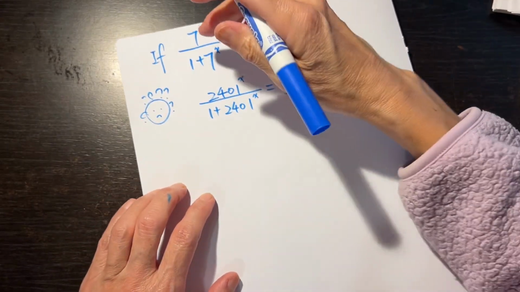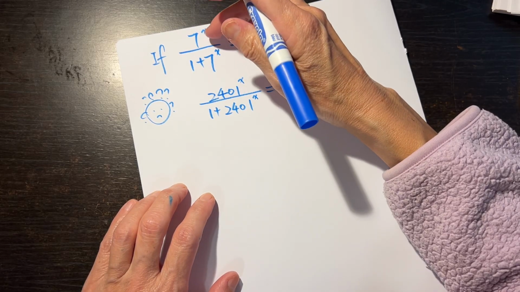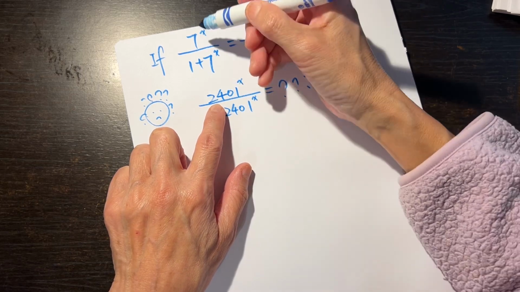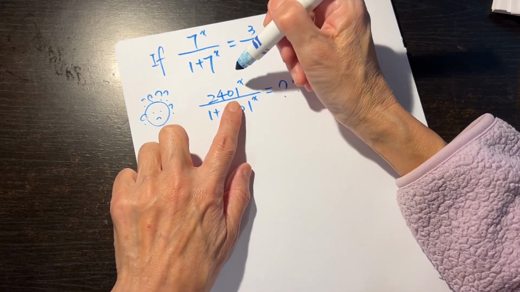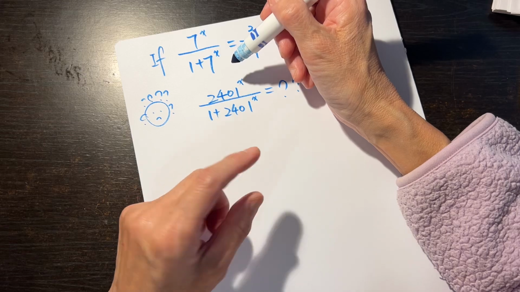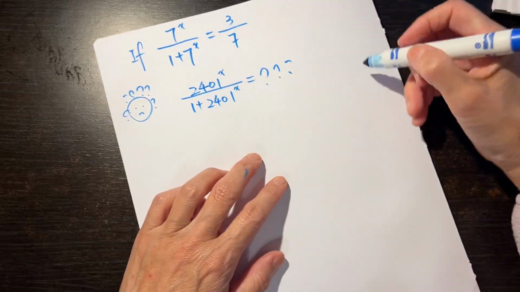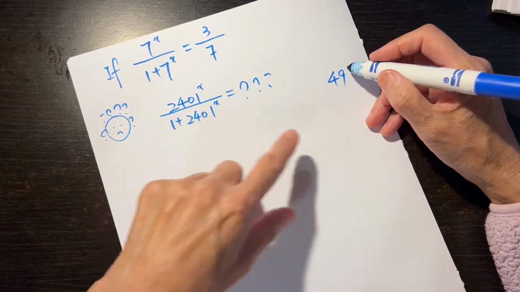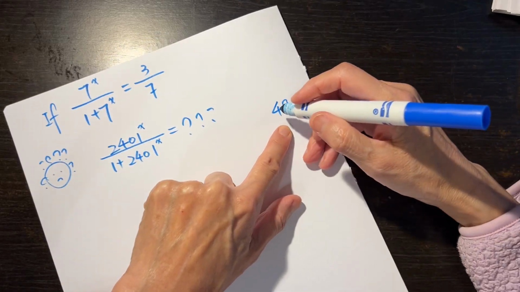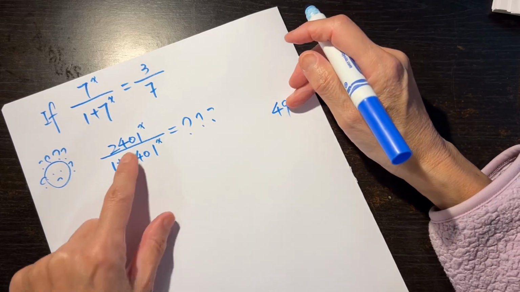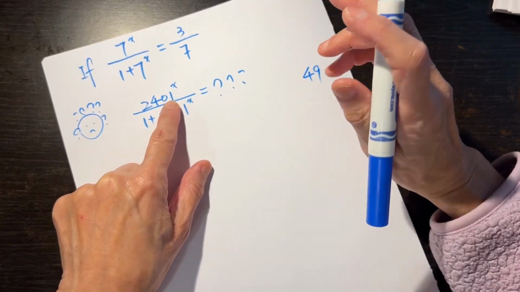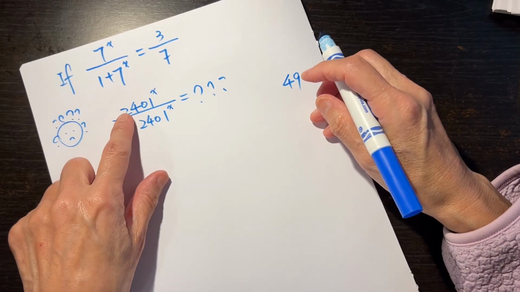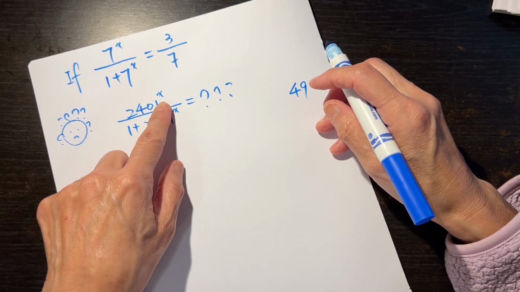So first, 7 to the power of x. What is the relationship between these? When you see 7 to the power of x, 7 squared is 49, and 49 times 49 is 2401.